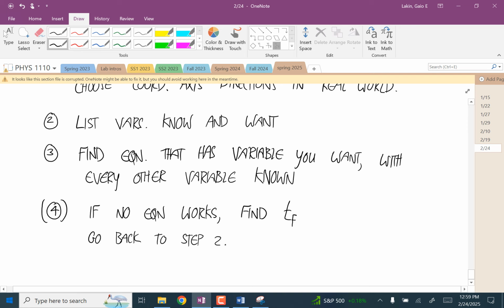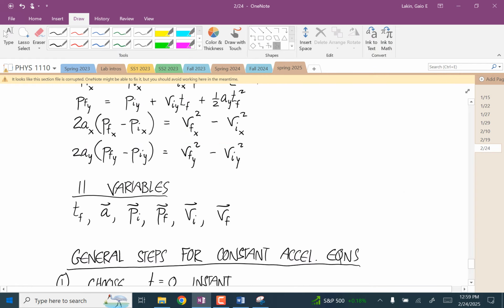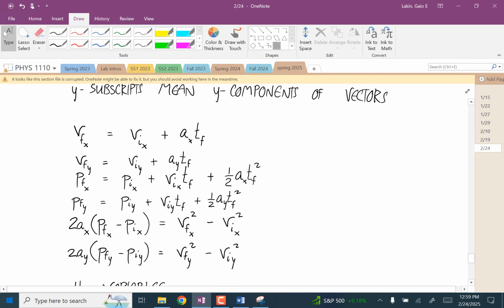And in 2-dimensional motion, the reason that time final is so useful is notice when you look through these 6 equations, time final is the only one that crosses over between x and y component equations. So a lot of times, for example, what we're going to do is use a y equation to solve for time final, and then we'll plug that into the corresponding x equation. Okay.